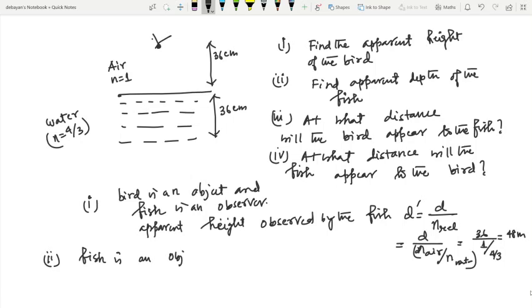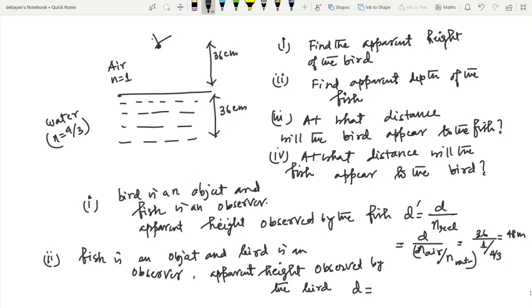So the apparent depth observed by the bird should be d, the same formula, d by mu, water with respect to air, and the simple thing is 36 by 4/3, and that is 27 centimeter.